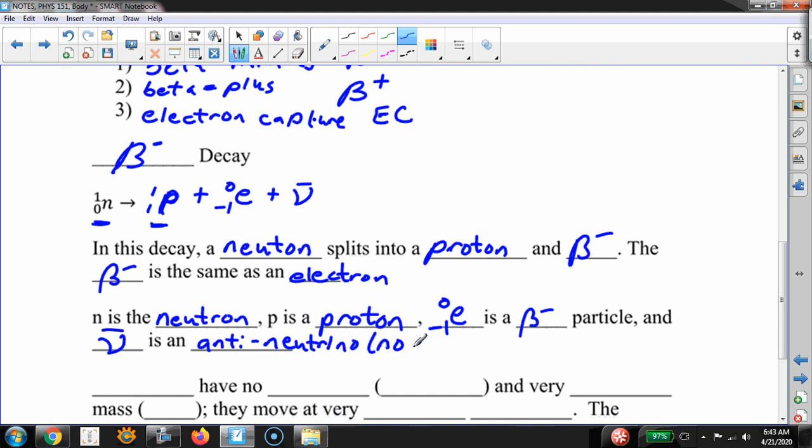And that's really what you need to know about the neutrino. It has no charge, it's neutral, and it's also really small. That's why we have the "ino." We'll see that in just a bit.